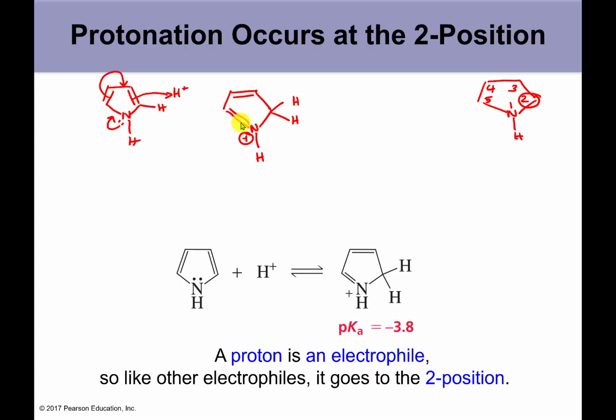So there are a couple of other resonance structures, but these aren't as stable. One involves the movement of the electrons to the nitrogen and forming the cation next to the nitrogen. And the positive charge is here. And then the third structure is this one.